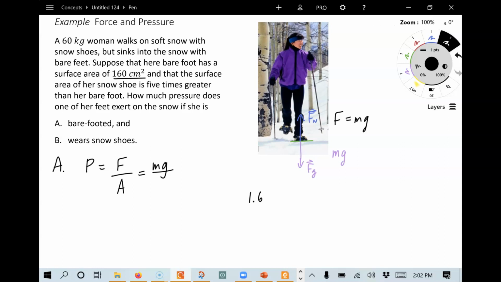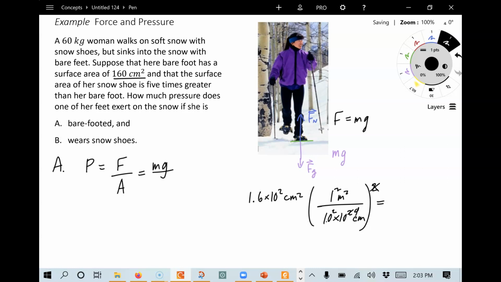160, or 1.6 times 10 to the second centimeters squared. Let's convert that to meters squared. So we've got 1 times 10 to the second centimeters per 1 meter. We're going to square that factor so that we get area. If we do that, the 1 stays 1, and the 2 becomes a 4.